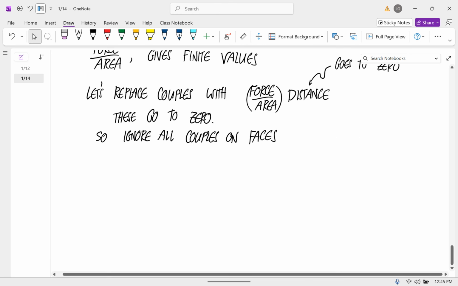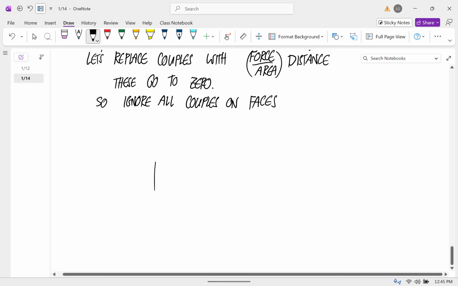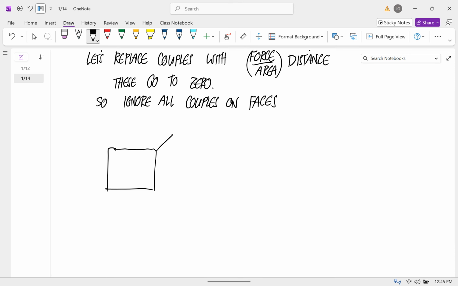Okay, so now let's see where we're at. We still have this cube. We have these things now that I'm going to give names to. I'm going to call this sigma xx, sigma xy, sigma xz, where the notation I'm using here, the first subscript is the face you're on.